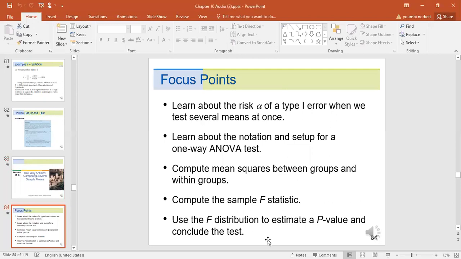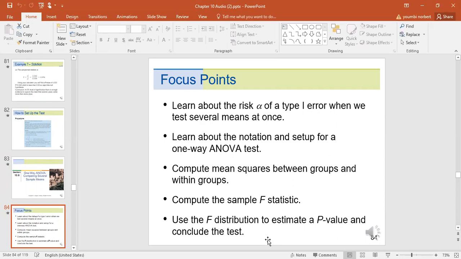So why do we need an analysis of variance? We use it to test several populations. We are able to test populations using the t-test, right? Mu1 equals mu2, mu1 is greater than mu2, mu1 is less than mu2. This is two populations. But in some cases, we may want to test more than two populations.